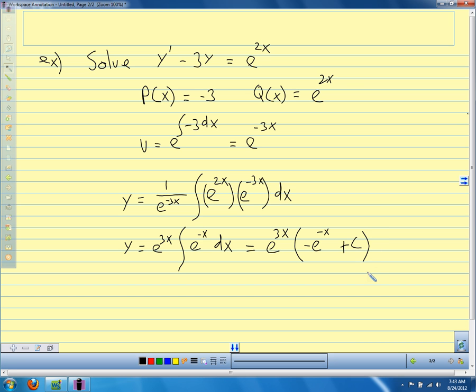In differential equations, often our constant of integration ends up being multiplied by a function. If you leave out that constant of integration, your solution is going to be completely wrong. And if I simplify this, I'm just going to distribute. So finally I get minus e to the 2x plus c e to the 3x.